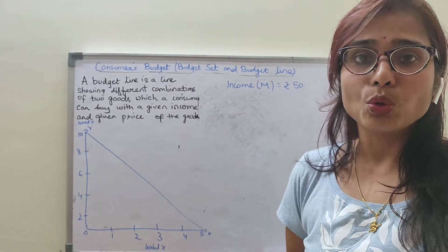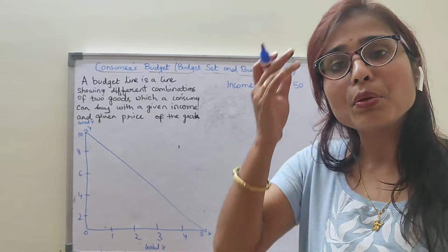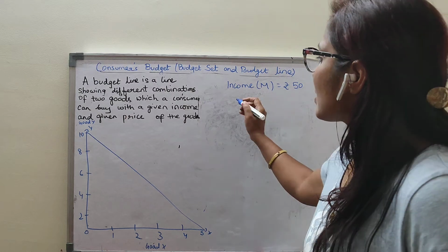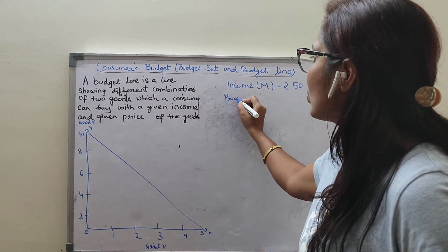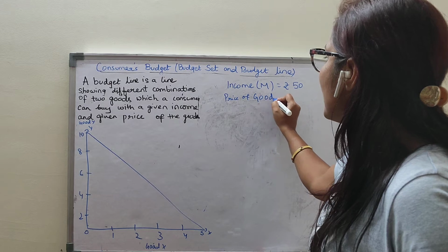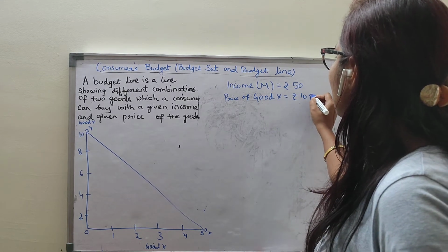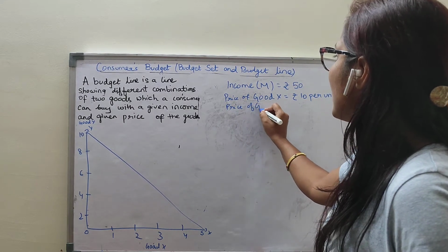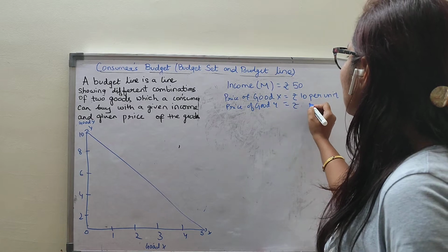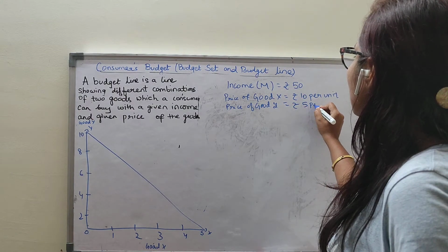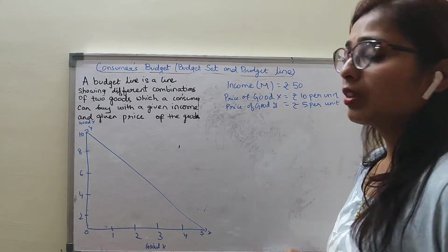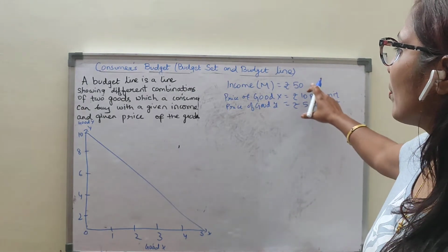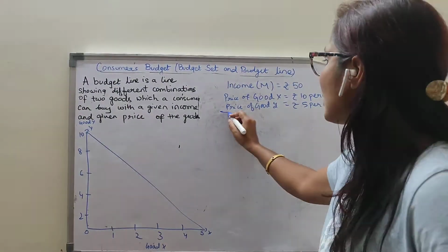The consumer needs to spend on two goods, good X and good Y. Here you can take any example, apple, banana, orange, anything, but here I am taking good X and good Y. Assuming price of good X is rupees 10 per unit and price of good Y is rupees 5 per unit. Let us see the various combinations that the consumer can buy with the given income and given prices.